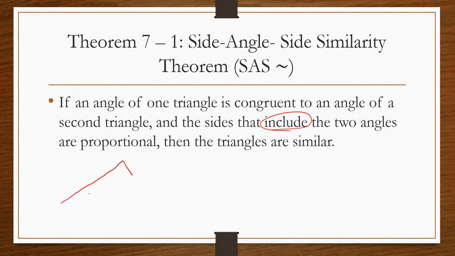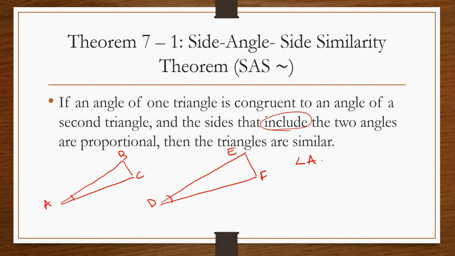So if I have a triangle that looks like this, and another one that looks like this, ABC, DEF. And if I have at least one angle that's congruent, so we'll say angle A is congruent to angle D, and the sides that include the angles, the sides that form the angle, in this case AB and AC, on this triangle DE and DF.